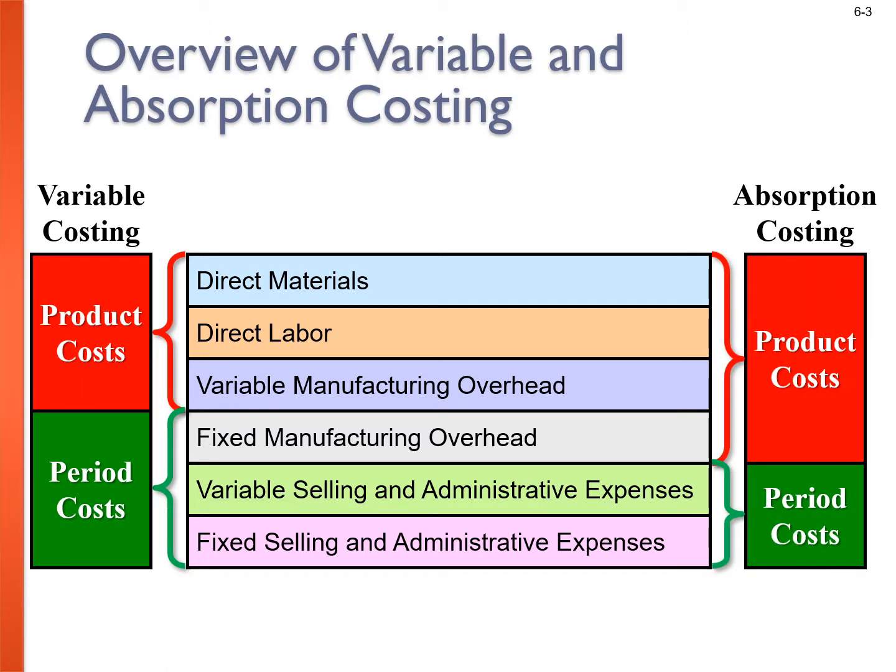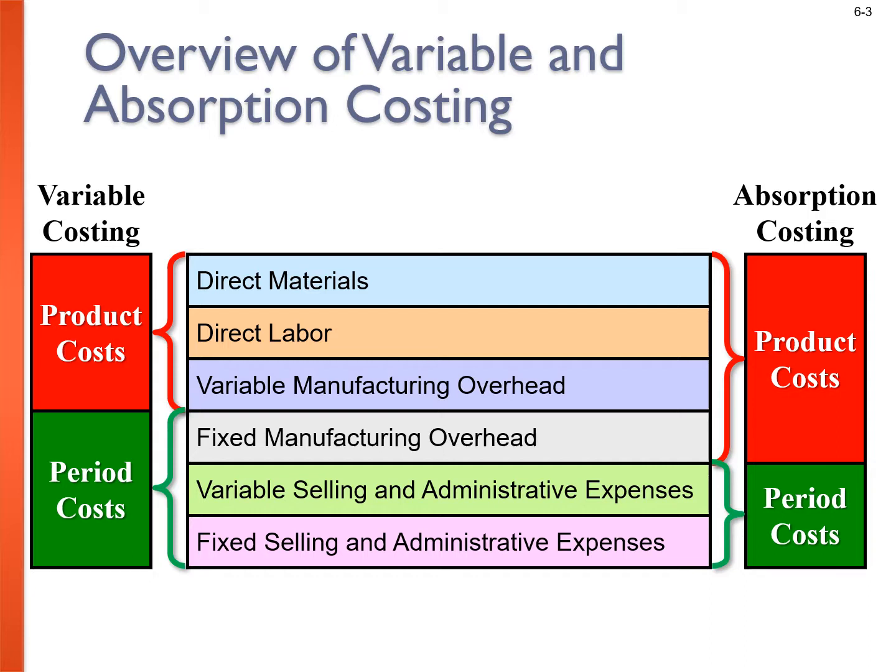Now, no matter which method you use, you will always include direct materials, direct labor, variable manufacturing overhead, fixed manufacturing overhead, variable selling and administrative expenses, and fixed. It's just where you report them will differ. Direct materials, direct labor, and only variable manufacturing overhead are product costs in variable costing.